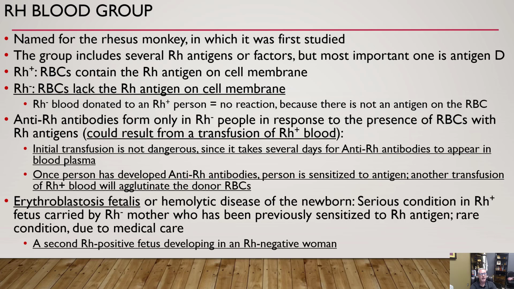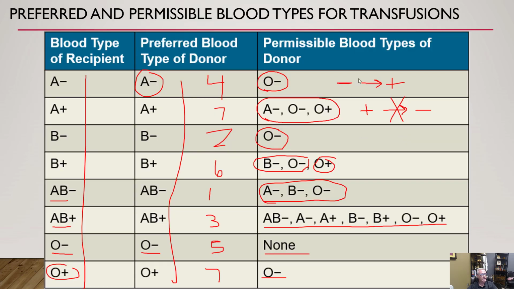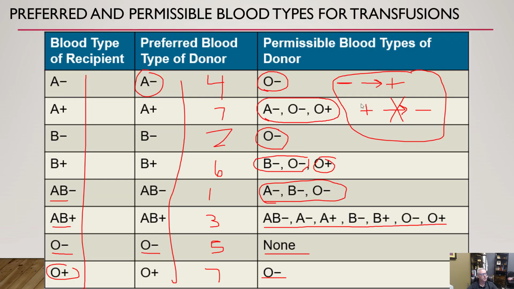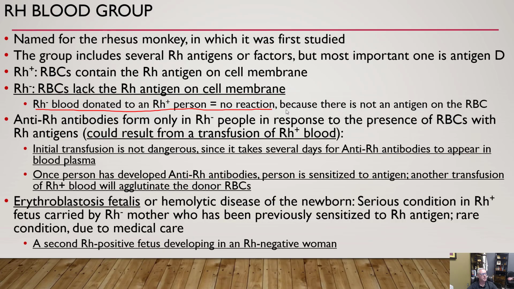Now remember, negatives can donate to positives, but positives cannot donate to negatives. So Rh negative blood donated to a positive person is a no reaction. We saw that here. Negative can donate to a positive because there is not that antigen D on that red blood cell.